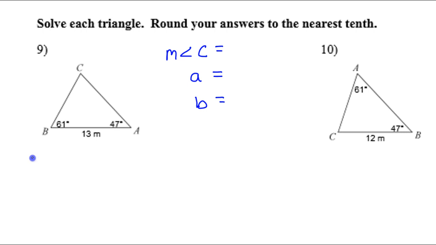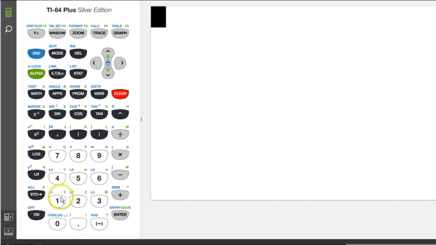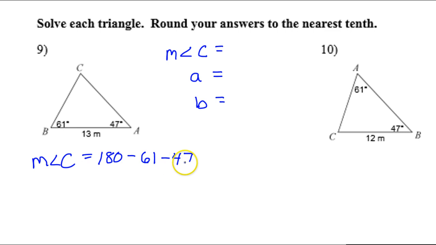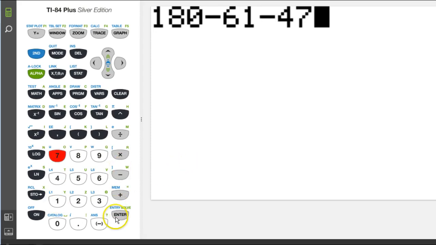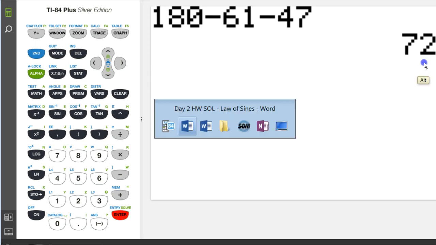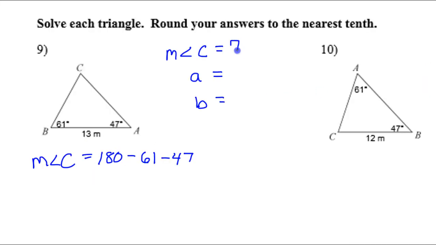So if I start with 180 and I subtract the two angles that I'm given, 61 and 47, that should give me the measure of angle C. So I get 72. So the measure of angle C is 72 degrees.